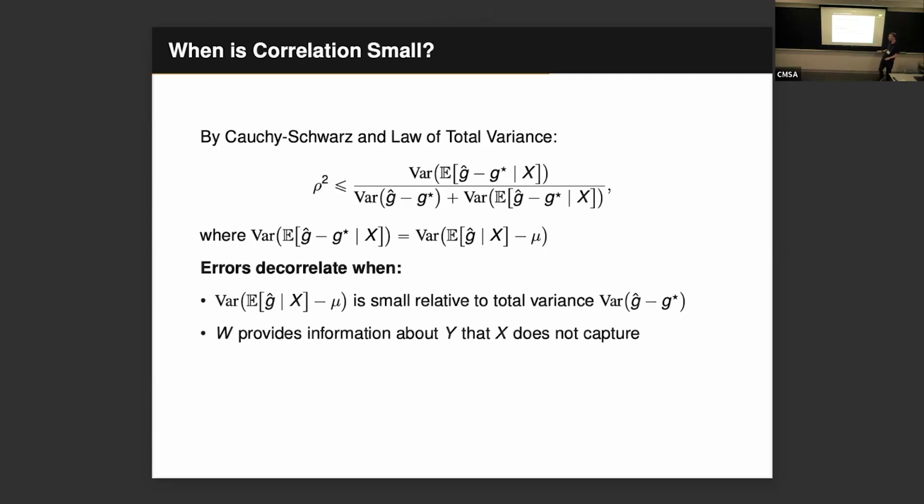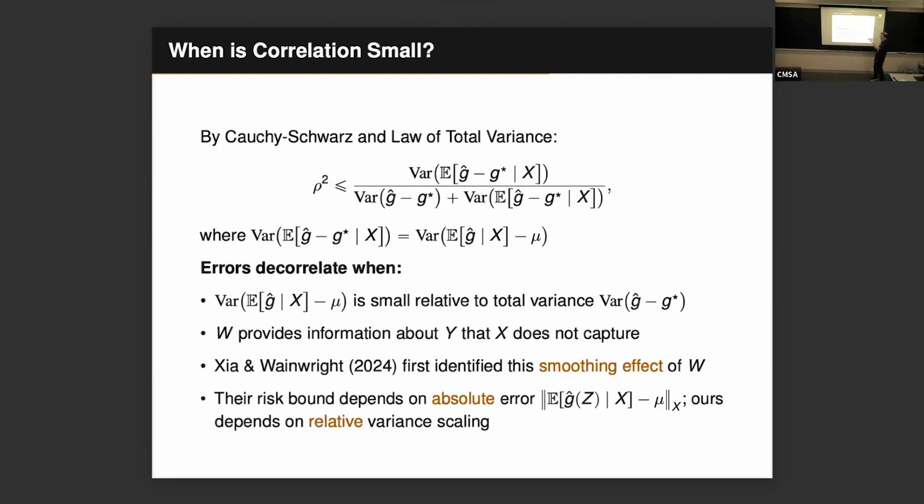We know that whenever we condition on things, we tend to decrease variance. So another way of asking when these errors will decorrelate, when this correlation will be small, is to say that the variance of this conditional expectation, where we're conditioning on x and smoothing out w, is small relative to the total variance. Again, this is another way of saying that this correlation is going to be small if w provides information about y that x doesn't capture.